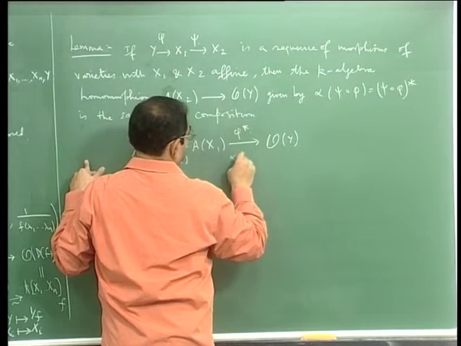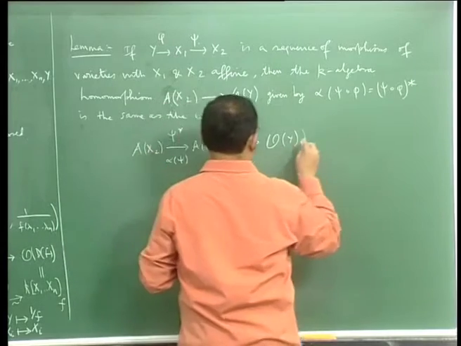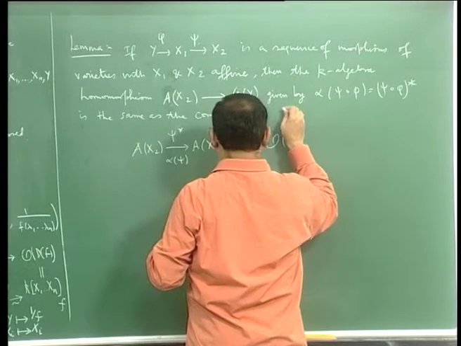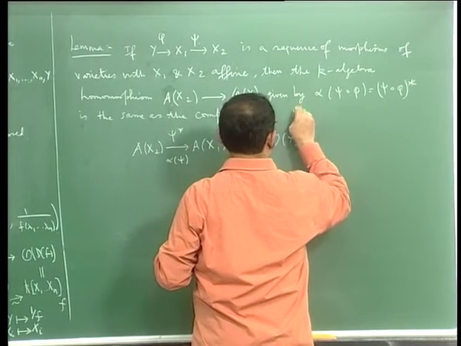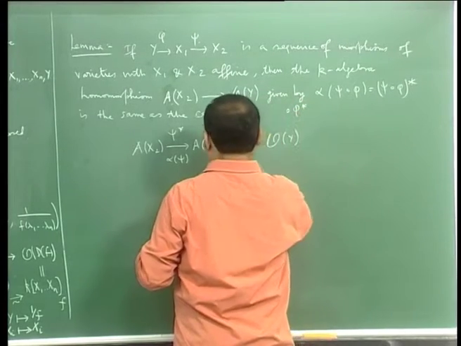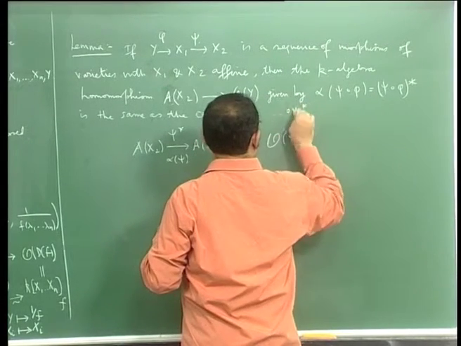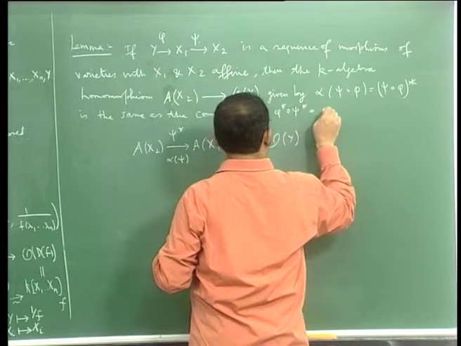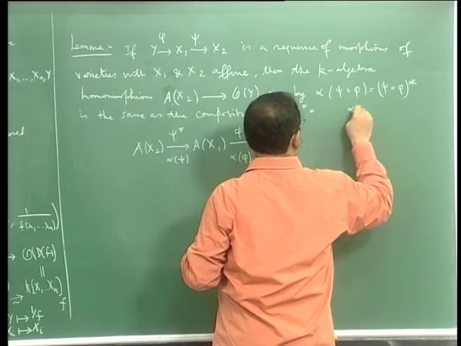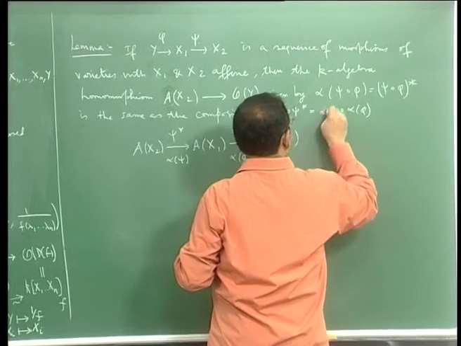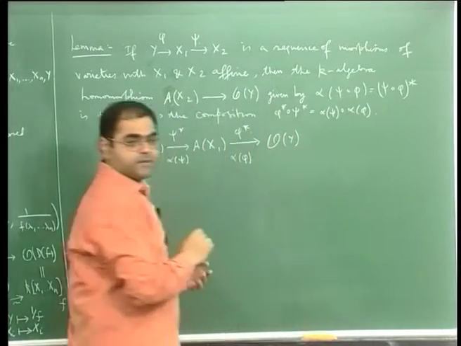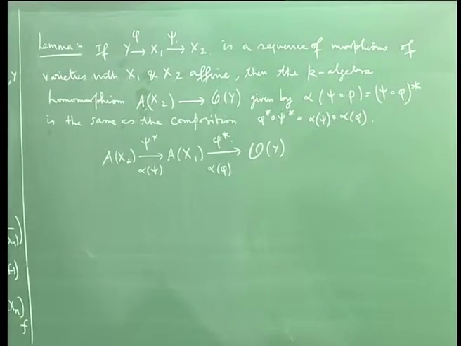This is alpha psi, and this is alpha phi. So first apply psi upper star, then apply phi upper star, which is the same as first applying alpha of psi, then alpha of phi. Okay, this is just functoriality.